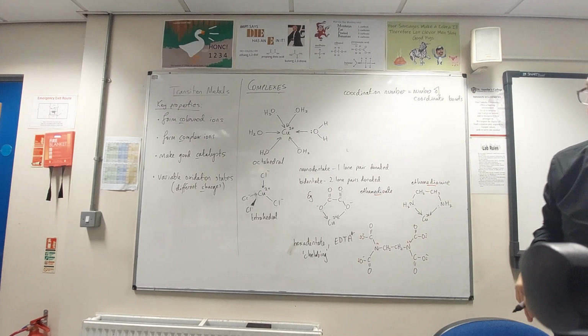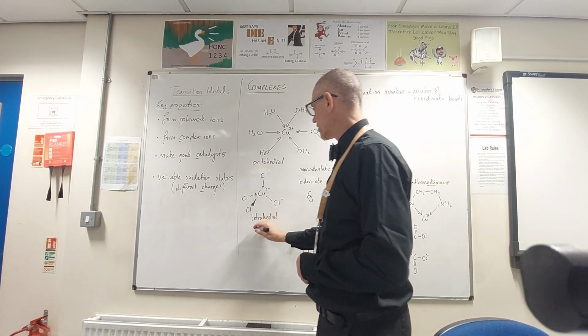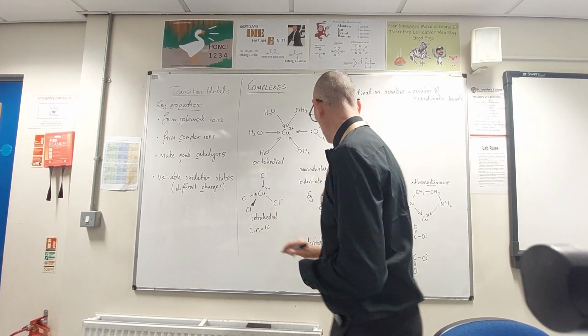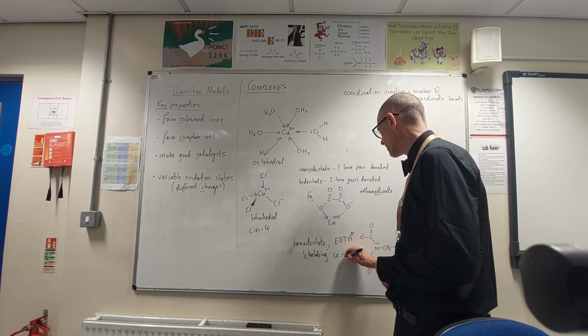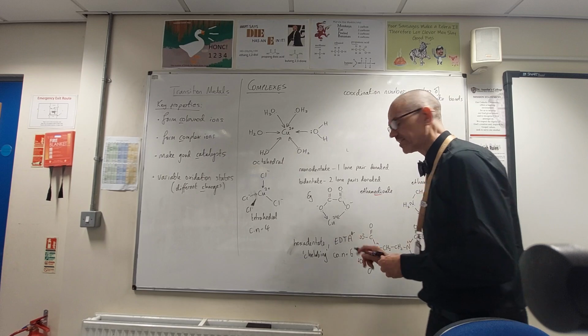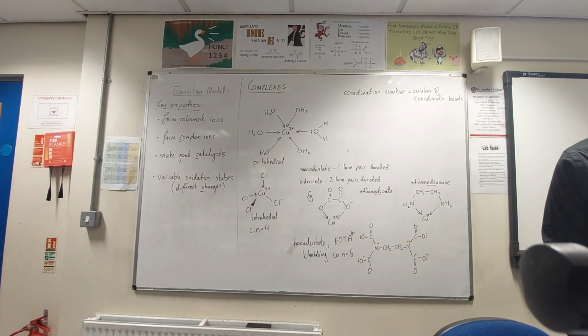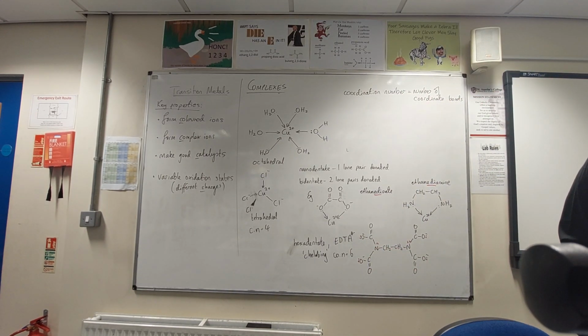Not the number of ligands, right? So tetrahedral, the coordination number is 4, but for hexadentate ligands like EDTA, the coordination number is still 6. We've still got 6 points of attachment. And there's one other word that we need to know, isn't there?